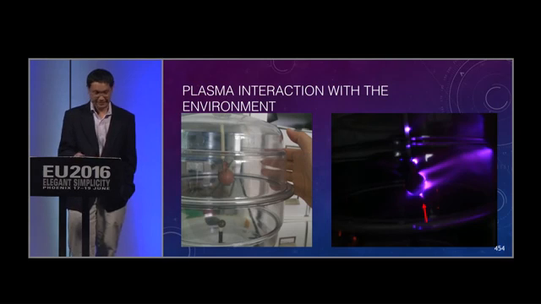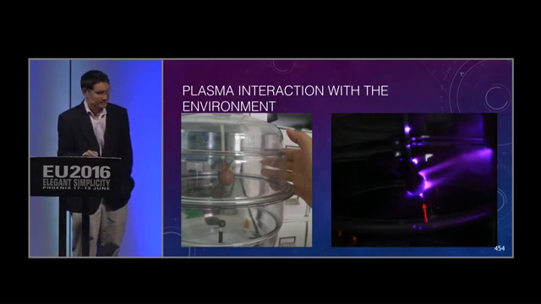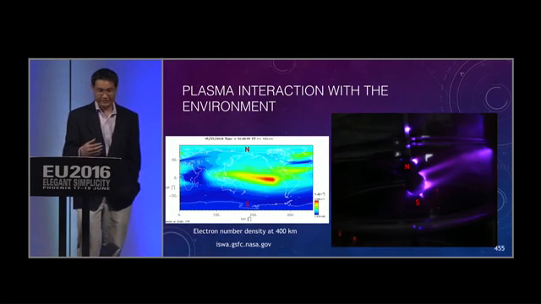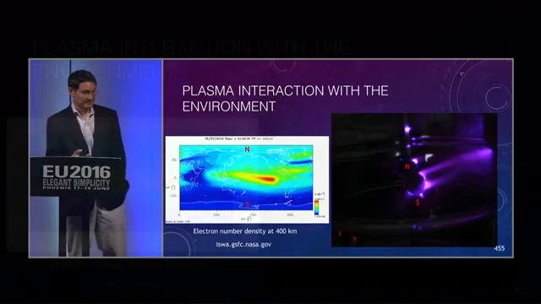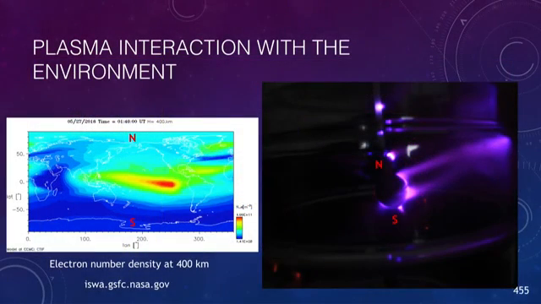So another clue is if you look into the satellite image, like this one, we see the total electron density, the electron number density at 400 kilometers above the Earth. We see two strips of high plasma density, just like we see from this experiment.